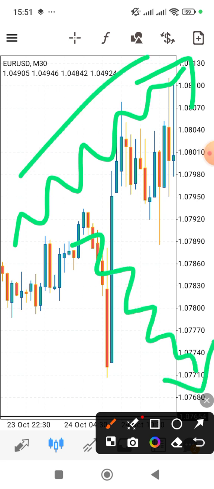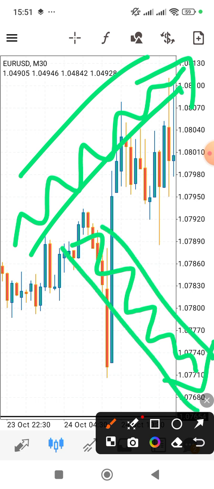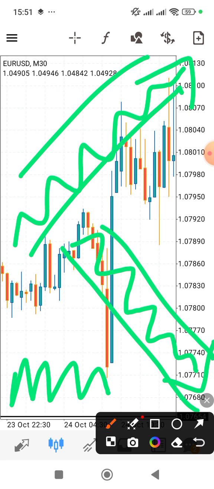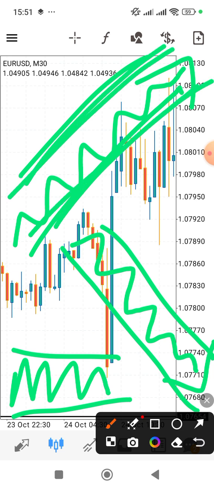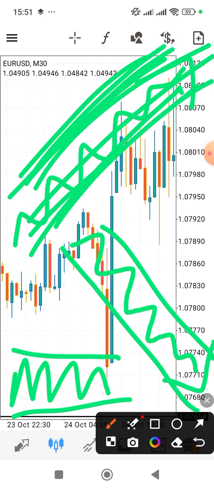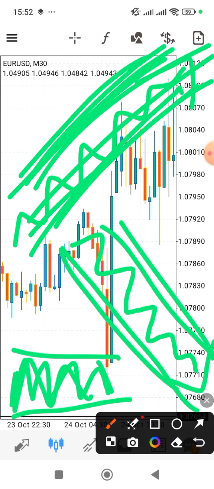If it's not trending up or trending down, then it is ranging. These are the three ways the market moves. If you are looking at your chart, you either see that it's in an uptrend or a downtrend. If it's not in either of these two, that means it's ranging.